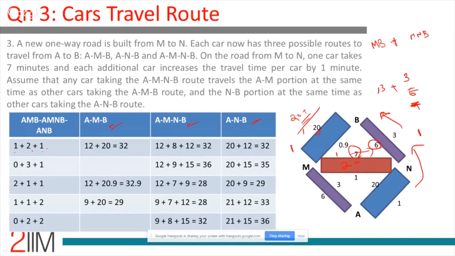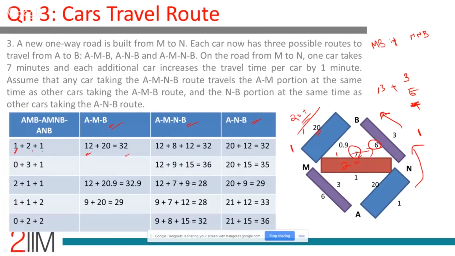And so now let's see how we can tweak this. 1, 2, 1. One guy going through A and B. Remember, only one guy, but 3 of them start from here. So 6 plus 3, 9 plus 3, 12 minutes for the first leg. And then only 20 for the second leg, 32. AM and B, 12 minutes for the first leg, and then 8 for the second leg. Remember, 8 here was 7 plus 1, 2 vehicles going.